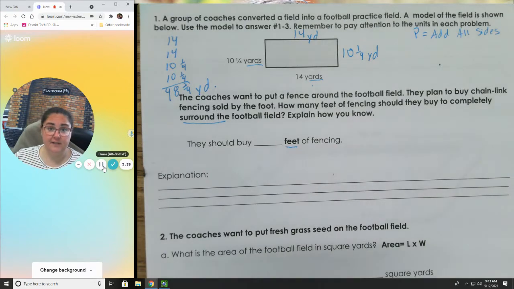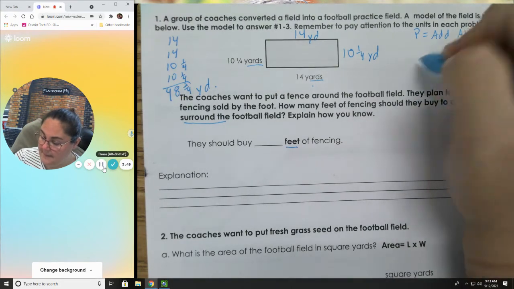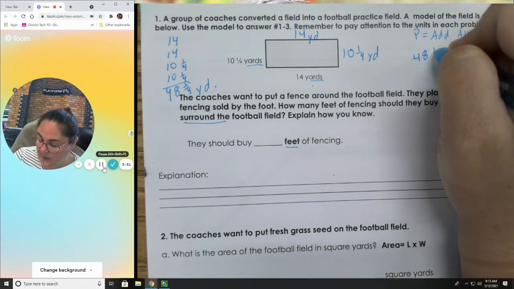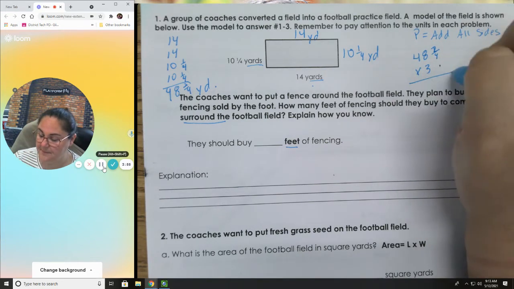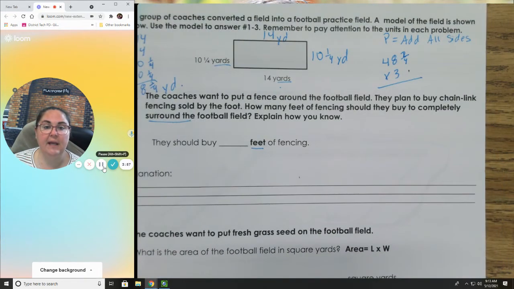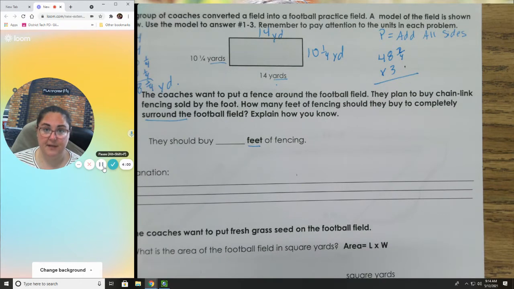How many feet are in 1 yard? Well, there are 3 feet in 1 yard. So I'm going to multiply 48 2/4 times 3. What is 48 2/4 times 3?